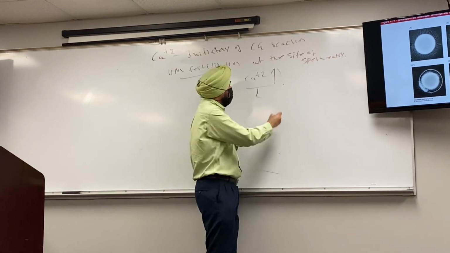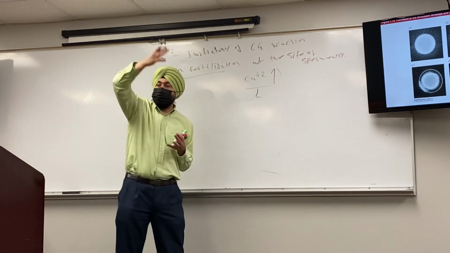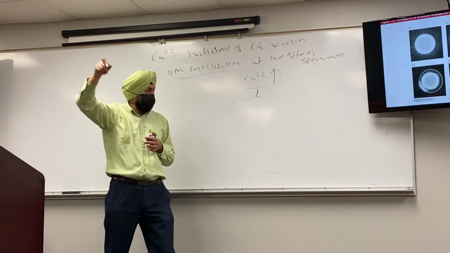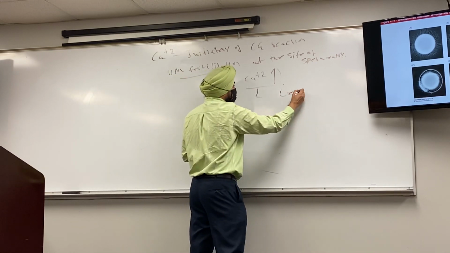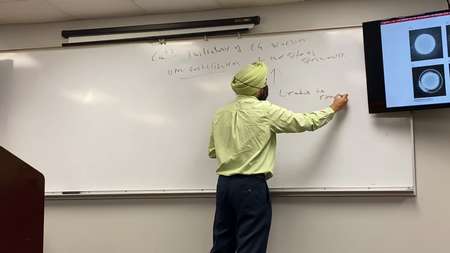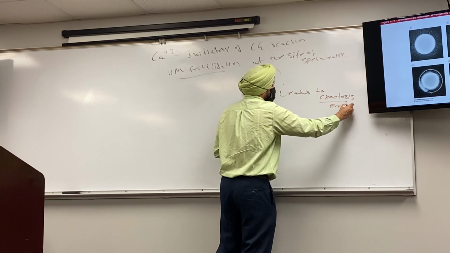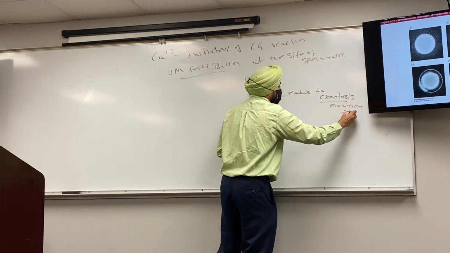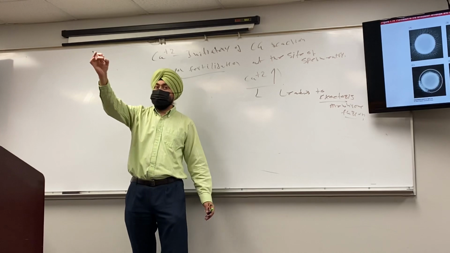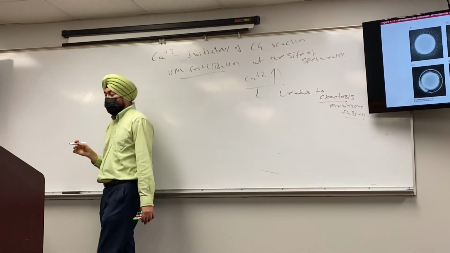So the calcium ion at the site of sperm entry goes up as the sperm fuses with the egg, and that leads to exocytosis. Essentially, exocytosis is membrane fusion. So the membrane of the cortical granule vesicle fuses with the egg membrane, and that causes the release.